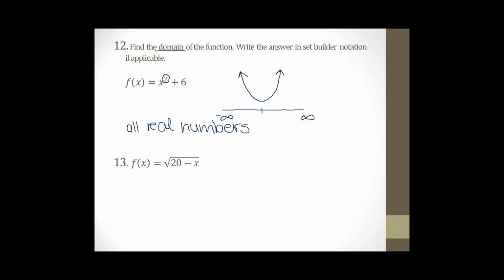If you happen to get this version, read the instructions, because it asks you to put A or N for all real numbers, okay? All right, now let's move on to number 13, which is a different type of function.